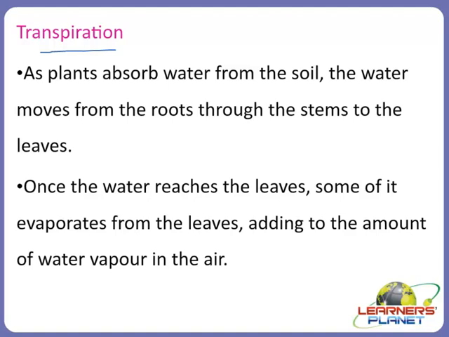And remember, students, what is the term given to the amount of water vapor in the air? Yes, humidity. Humidity is the amount of water vapor in the air. So basically, these are all the processes which play a very important role in the water cycle.